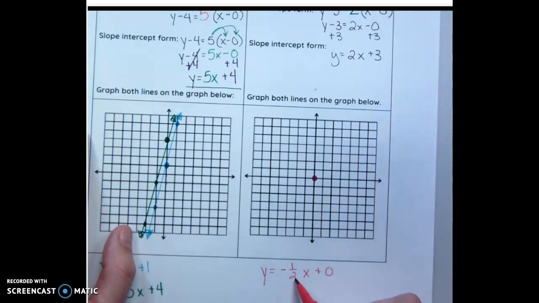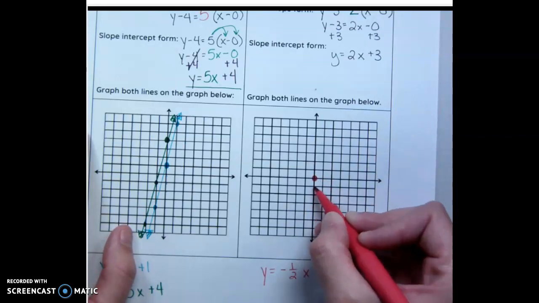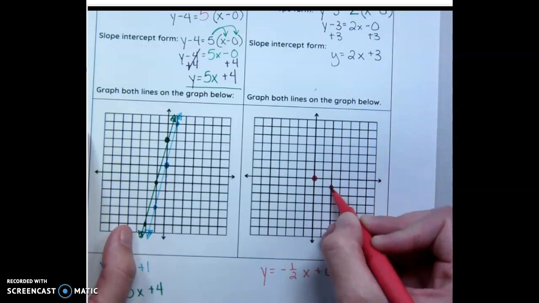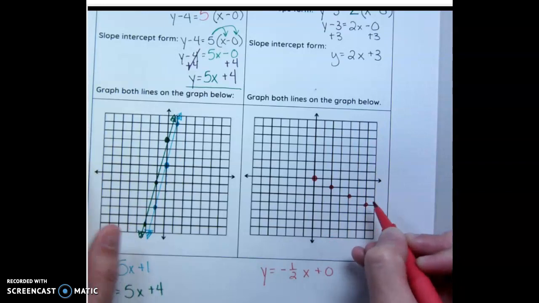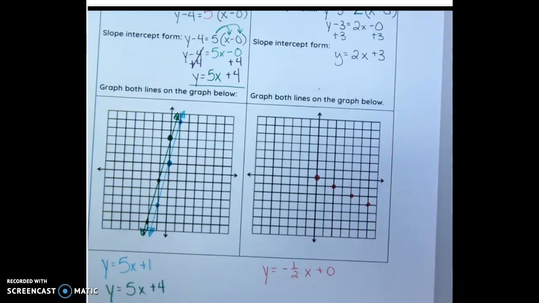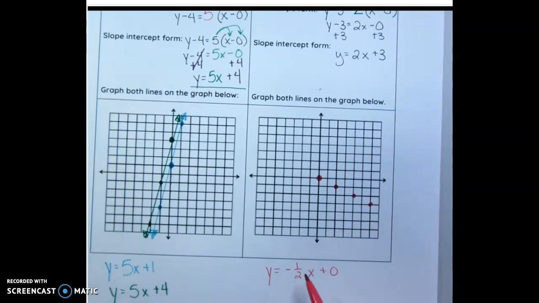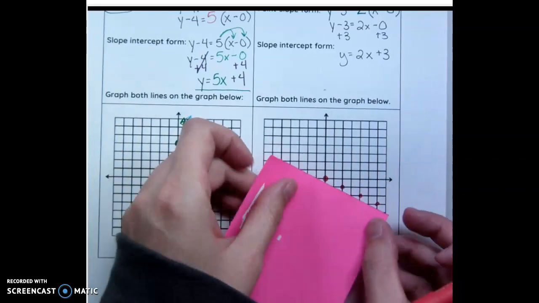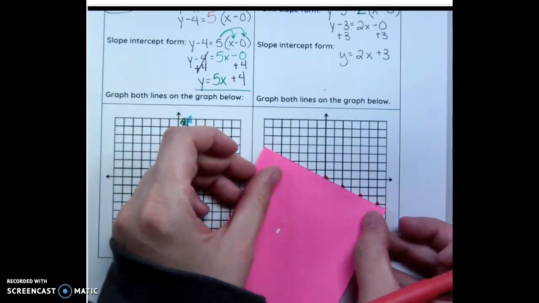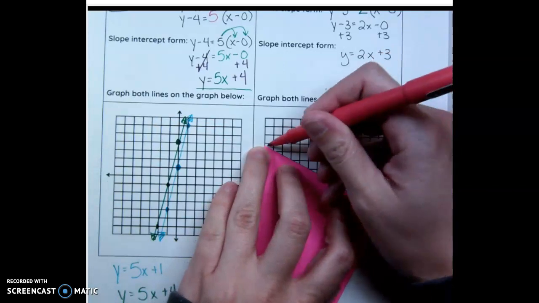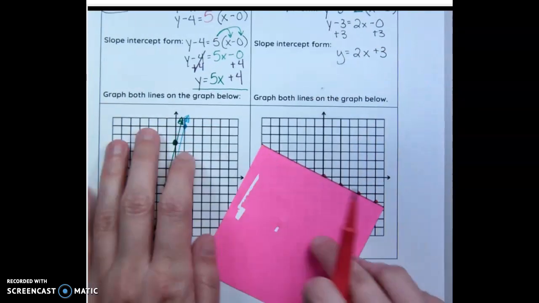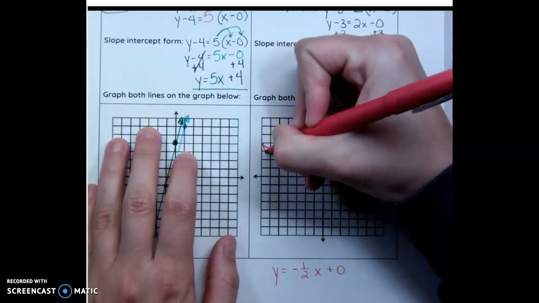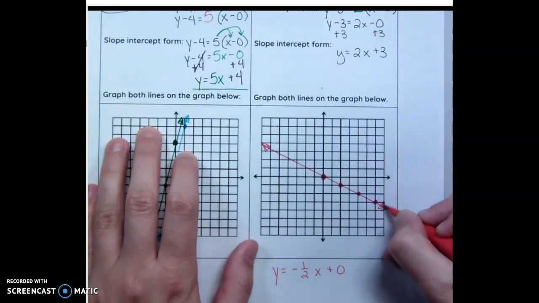My slope is negative 1/2, which means I go down 1, right 2. Down 1, right 2. Miss, why do you go down 1 instead of up 1? Because it's negative, and we have to have a negative line. My sticky note is barely long enough. So here's my first line.